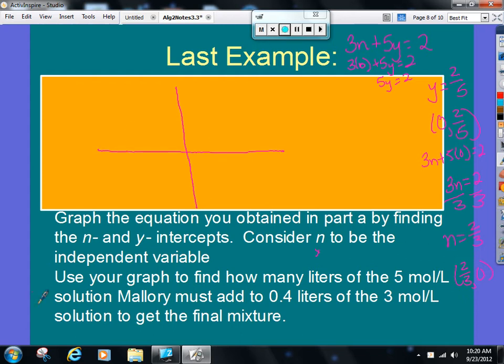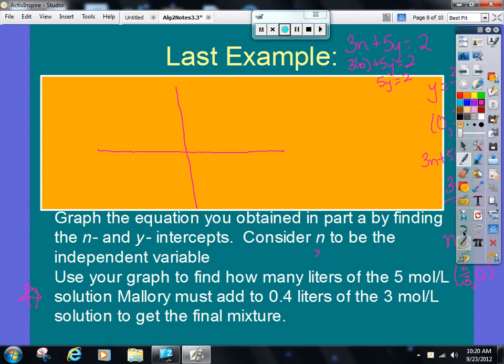Anytime you're using your graph to come up with a conclusion, make sure you have a really nice graph, and I'm not going to be able to give you one right here. I'd break out graph paper or use my graphing calculator, but you guys don't quite know how to do that yet. We're going to talk about that, I think, in 2 days. But let's see what I can do here.